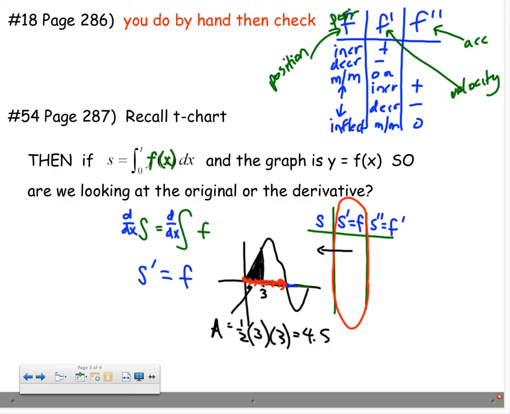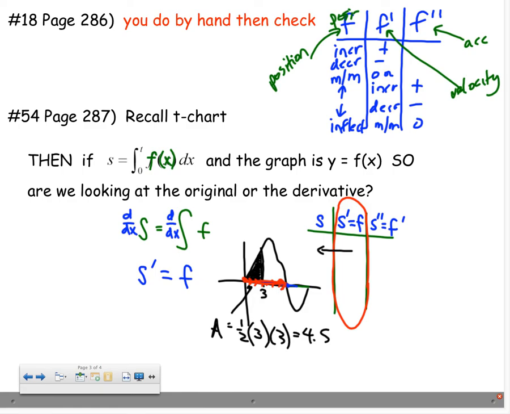At 6 seconds, when we turn around and start going back, we're walking toward the origin again. So we're walking forward from 0 to 6 seconds, or away from the origin. And then from 6 to 9 seconds, we're walking toward the origin.